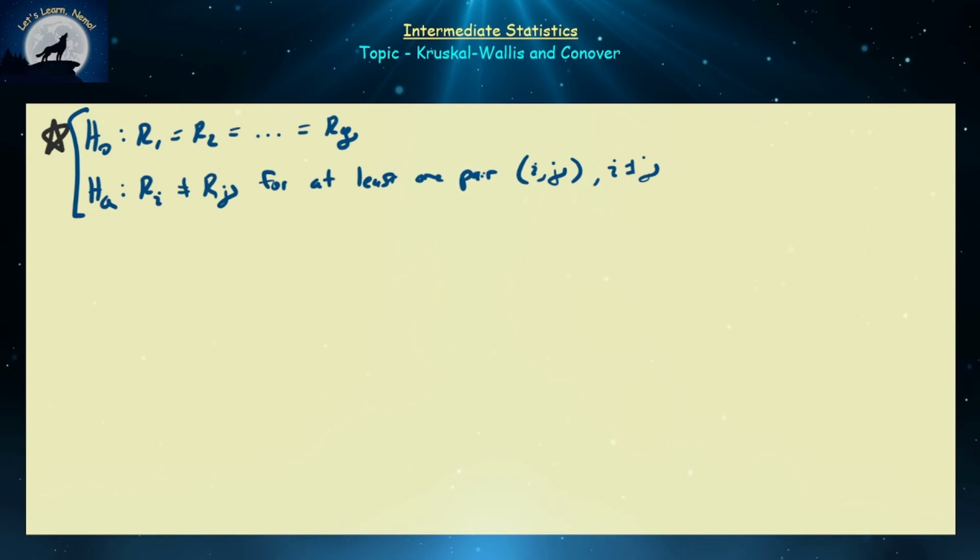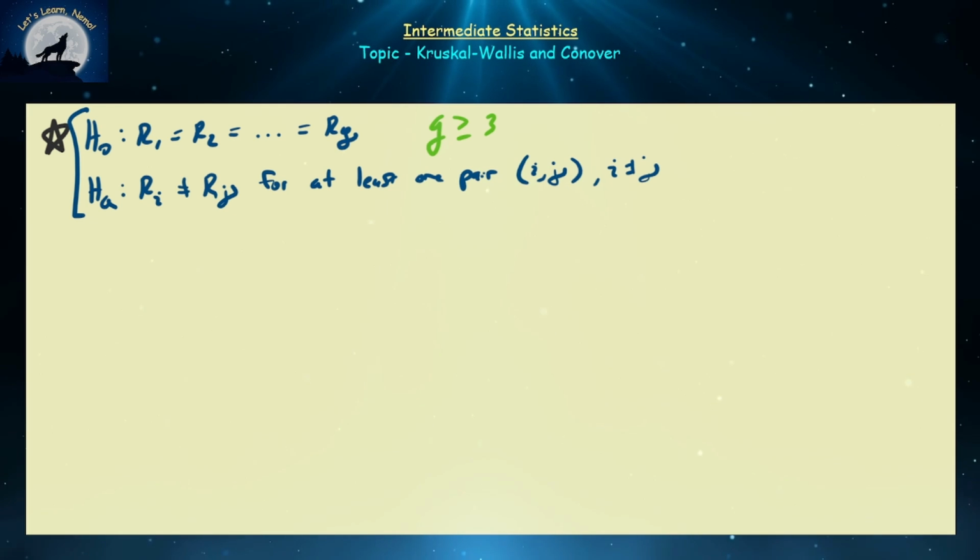So now let us consider how we test the equality of ranks across multiple groups, in particular when G is greater than or equal to 3. Because if G was equal to 2, then you should be using a Mann-Whitney test, for example, right? So keep in mind the alternative is that the ranks for at least 2 samples are significantly different from each other.